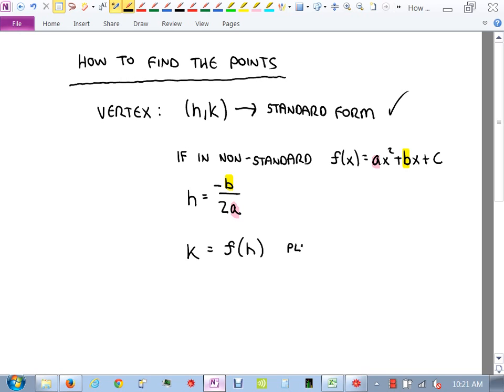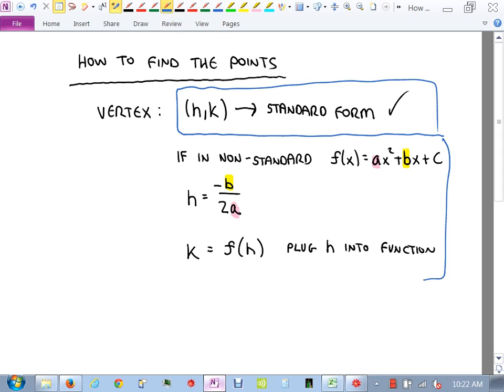So this just means plug h into the function. Does everyone understand that these are two separate techniques to find your vertex? If it's in standard form, you're ready to roll, as long as you get h and k correctly. If it's in non-standard form, you've got to do some work.